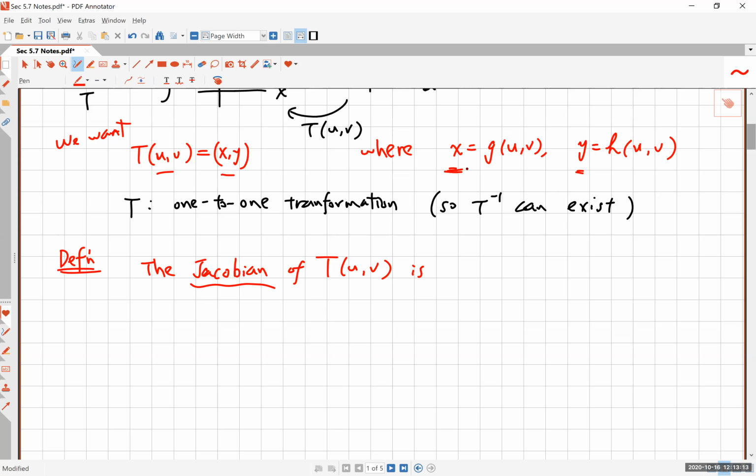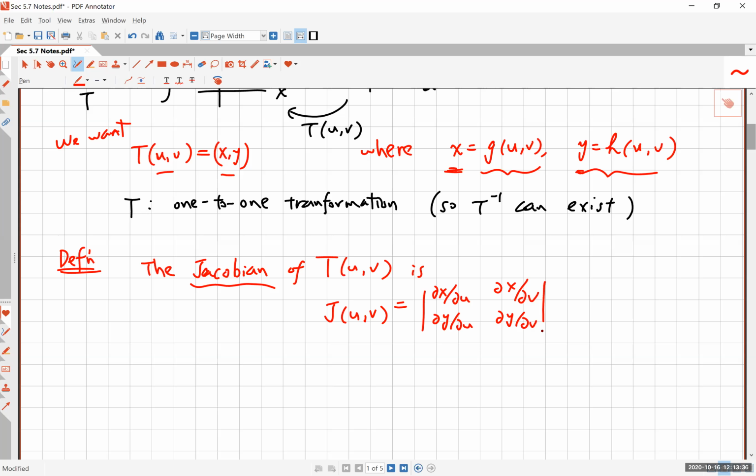The Jacobian is J of UV, and that is the partial of X with respect to U, partial of X with respect to V, the partial of Y with respect to U, the partial of Y with respect to V.